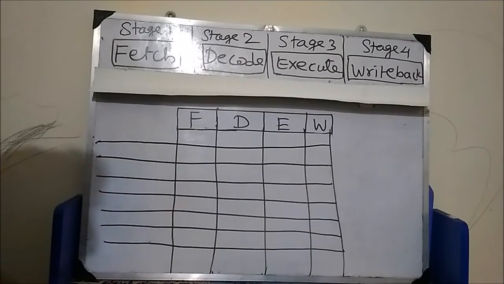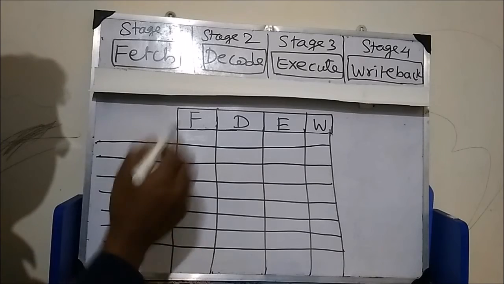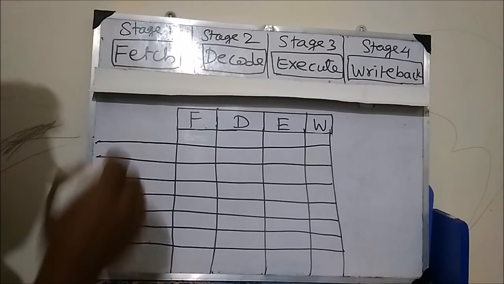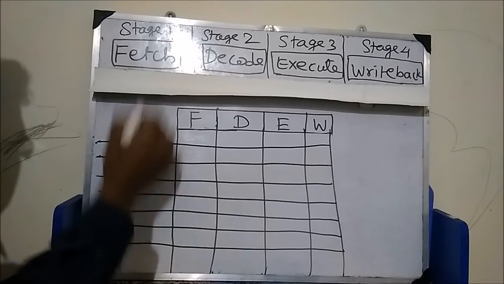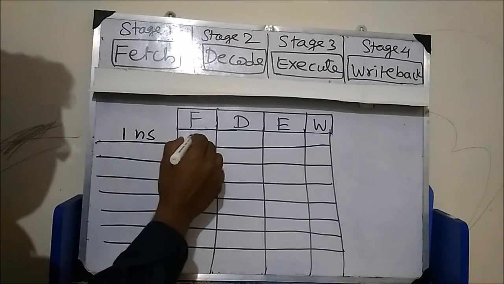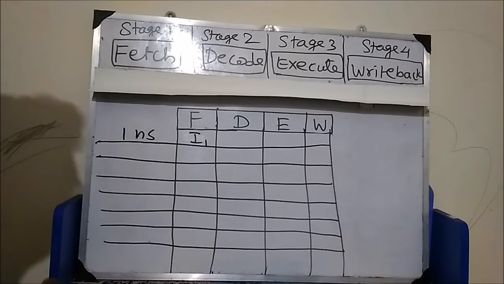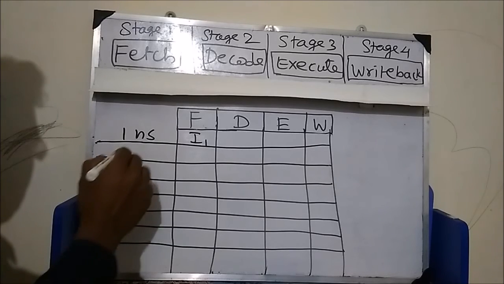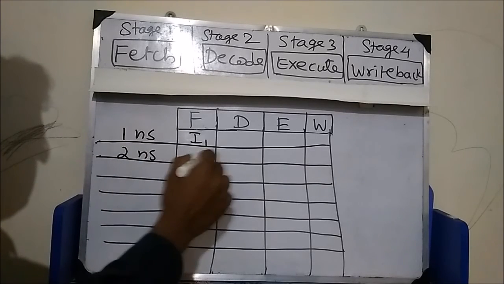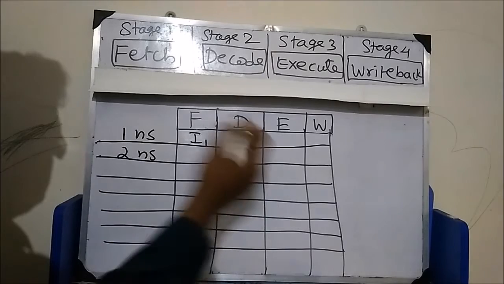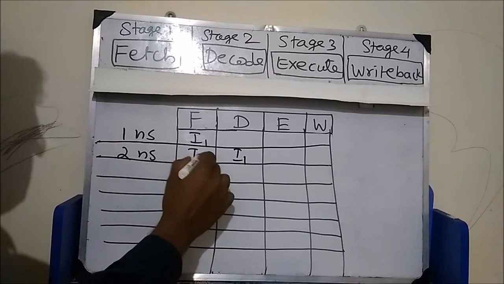Now we will calculate the execution time in the same manner as we did earlier. Assume that each stage takes 1 nanosecond. The first instruction, I1, moves to the fetch stage at the first nanosecond. At the second nanosecond, I1 moves to the decode stage and the new instruction I2 comes to the fetch stage.